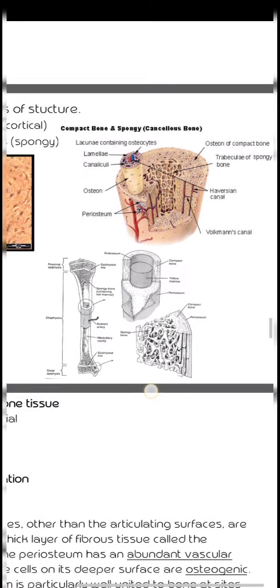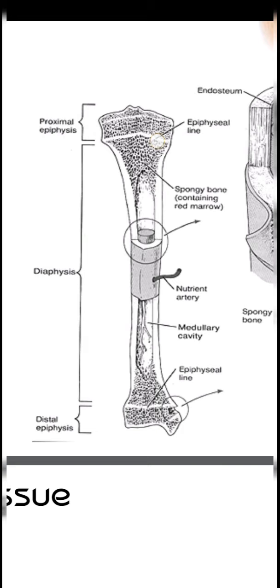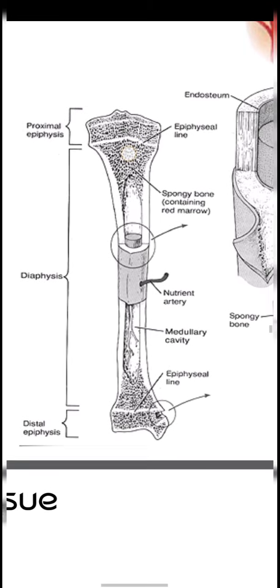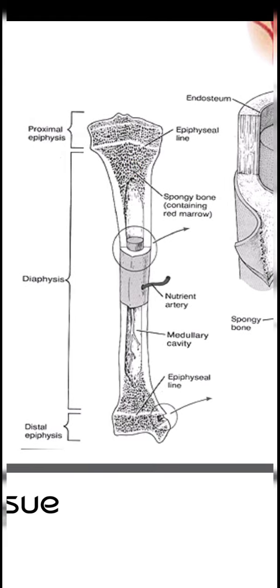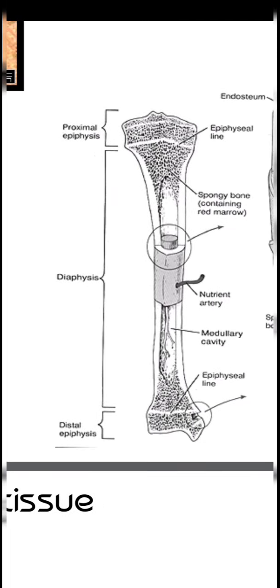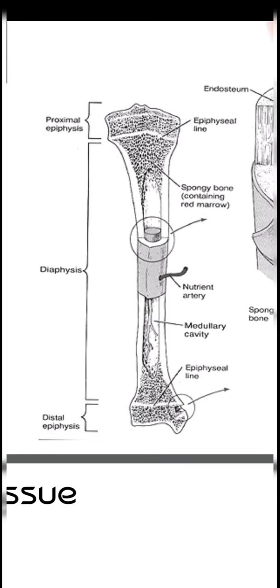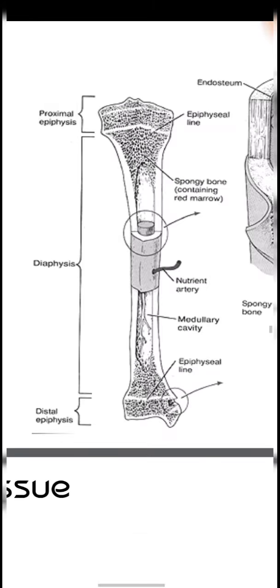So if we take a look here at the structure of a bone, this central part of the bone, which is like a meshwork, is composed of spongy bone, whereas compact bone is present on the outlines of this bone. Basically, it surrounds the spongy bone from all the sides.